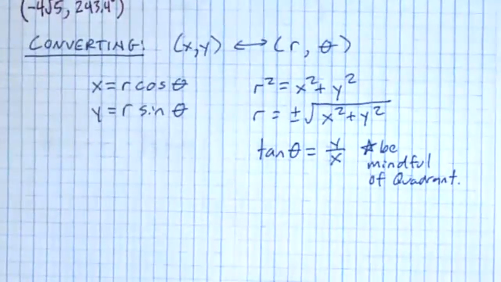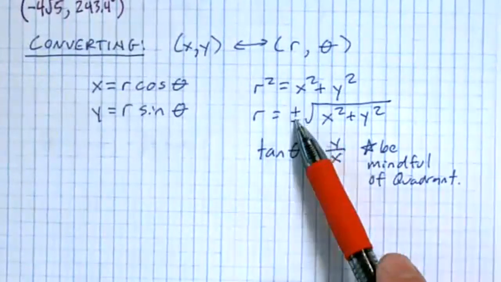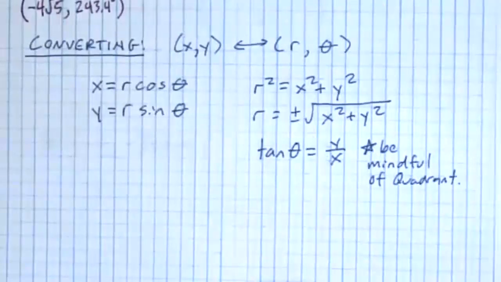That's kind of the general format. If I solve that for r, now we have to keep in mind that it could be positive or negative. So r is permitted to be positive or negative when we're talking polar coordinates.